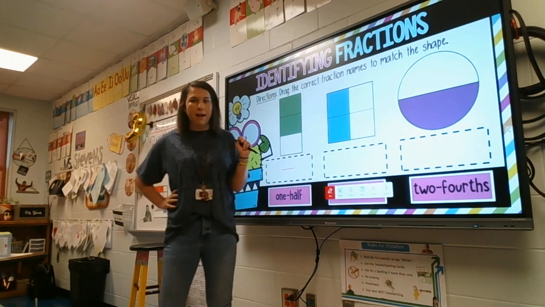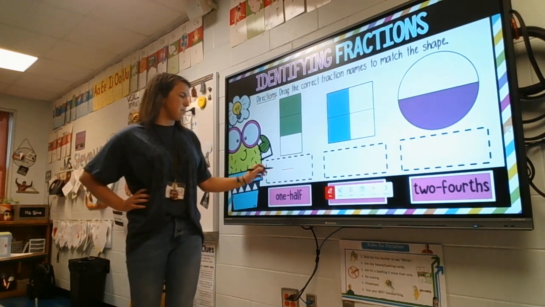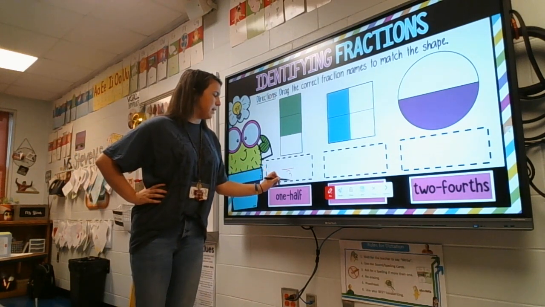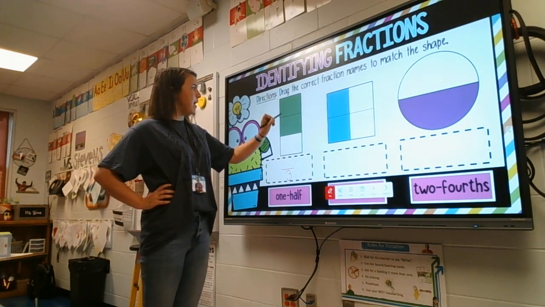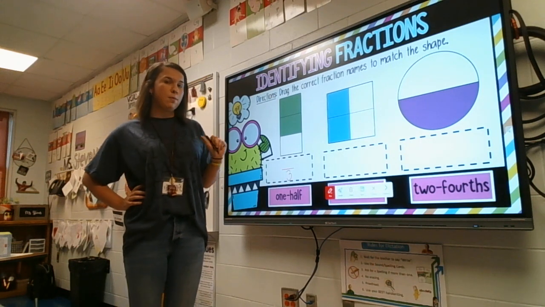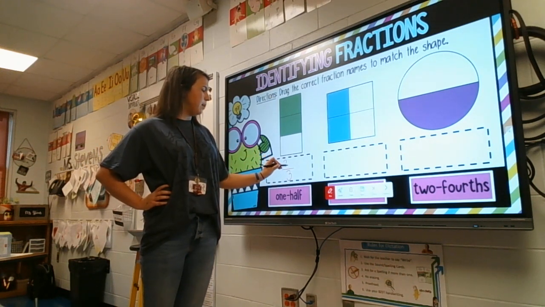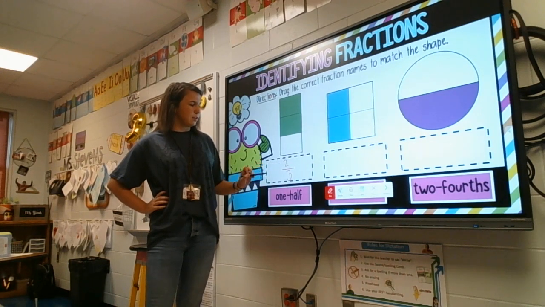Is that my numerator or my denominator? It's going to be my denominator because that's my total part. So 3 goes on the bottom. How many parts are shaded in? 1, 2. 2 parts are shaded in. So that's my numerator, and that goes on the top. And the way that I read that is 2/3.